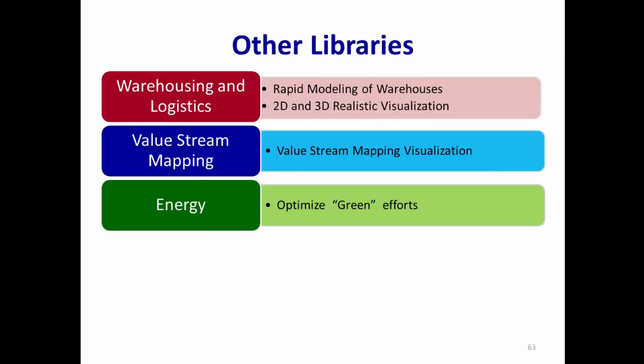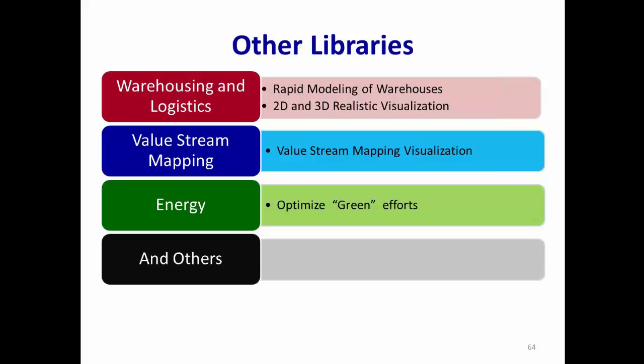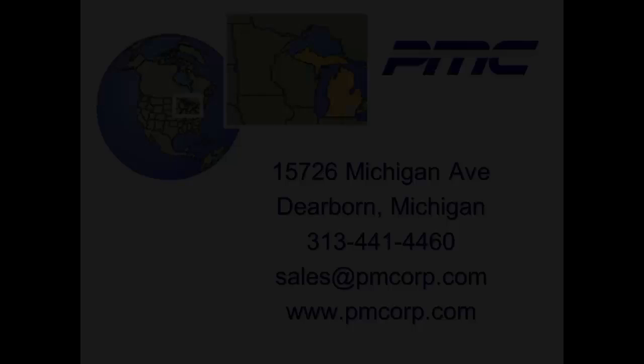Although PlantSim's energy attributes, charts, and analysis tools are not a separate add-on library, it's a very nice feature that was recently added to PlantSim's base set of tools, which lets you address an area of growing concern, energy consumption. Other libraries are also available that provide specialized tools.